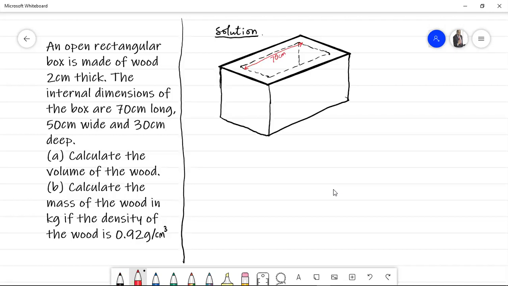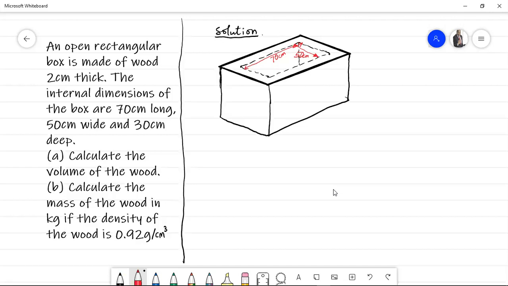Now the breadth or the width of the internal dimension, that one is from here to here. Let's take note of that. Up to this point, that is given as 50 centimeters, internal dimension.